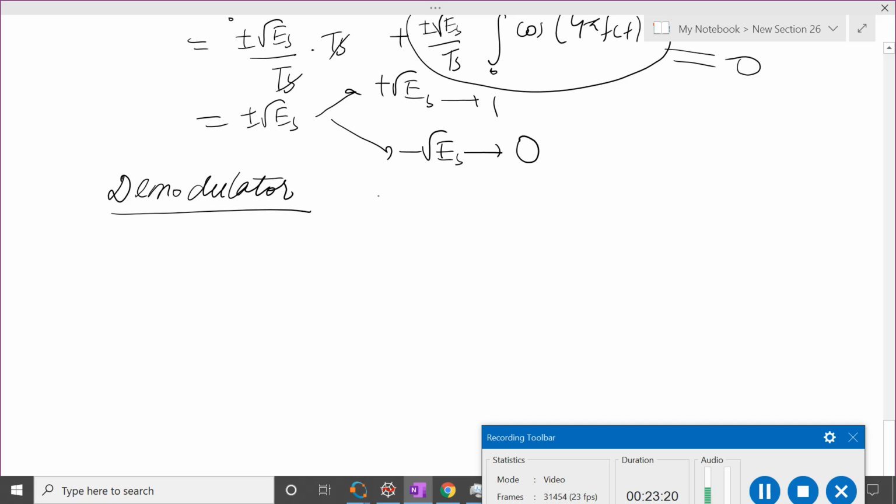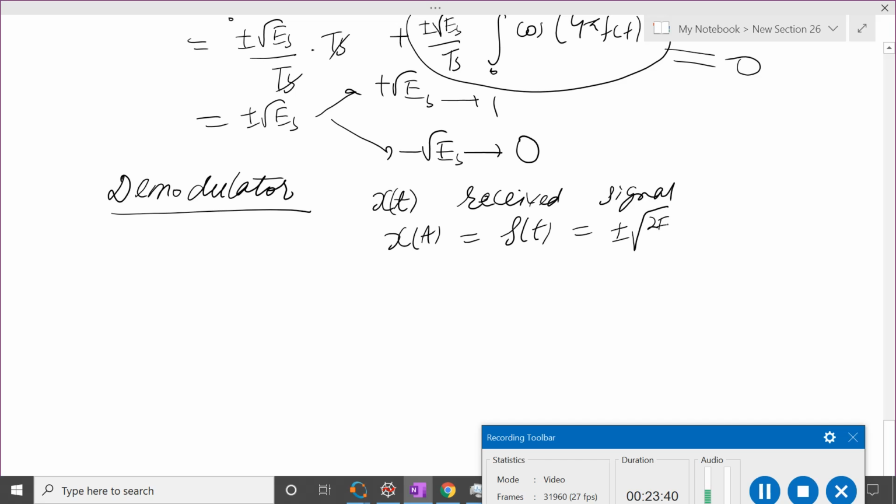So let's denote by x of t the received signal. Here I am taking a noiseless case. So x of t is itself this s of t, which is root of 2 EB by TB cos of omega ct.